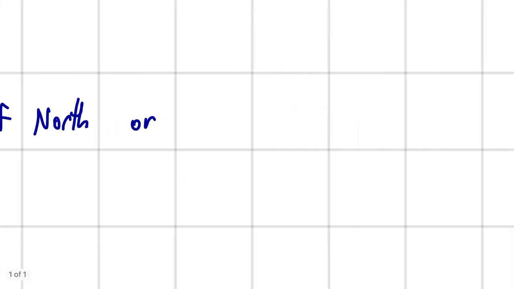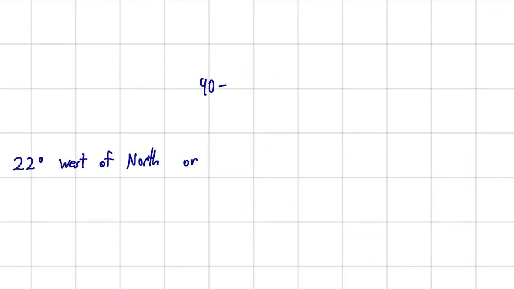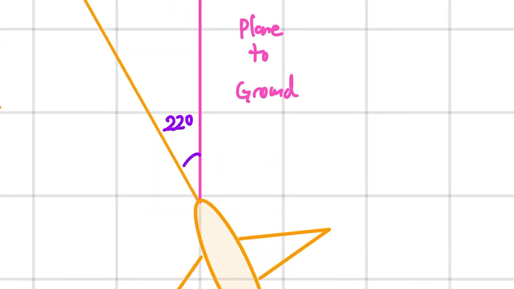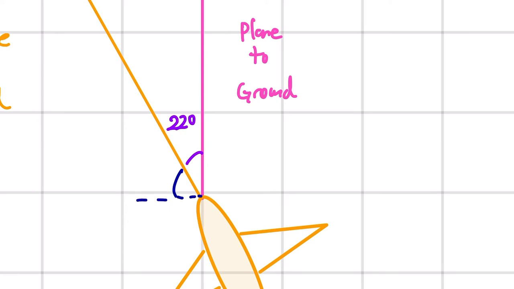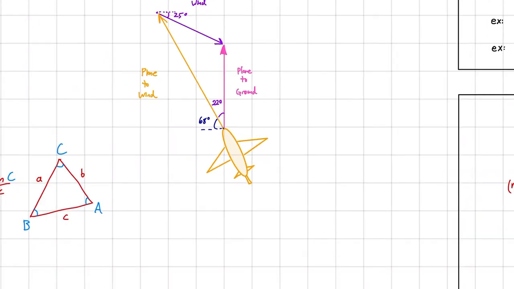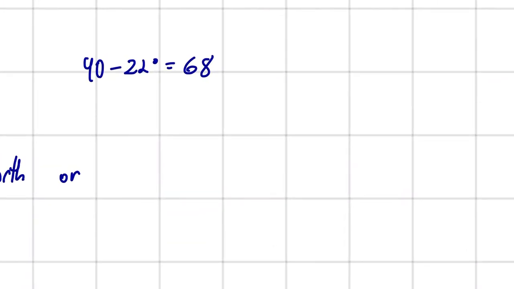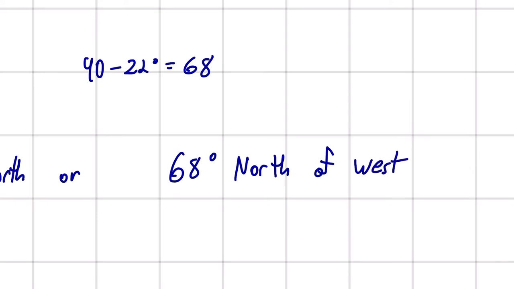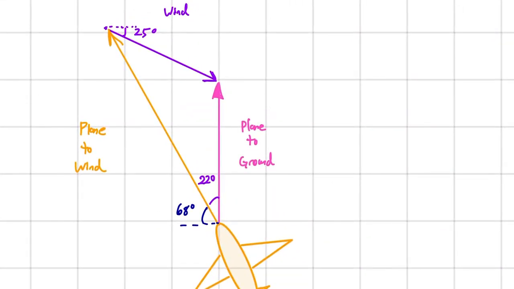Or we could write, since 90 minus 22 is equal to 68, that would be this angle here, 68 degrees north of west. So we can write 22 degrees west of north, or 68 degrees north of west. So this is west.